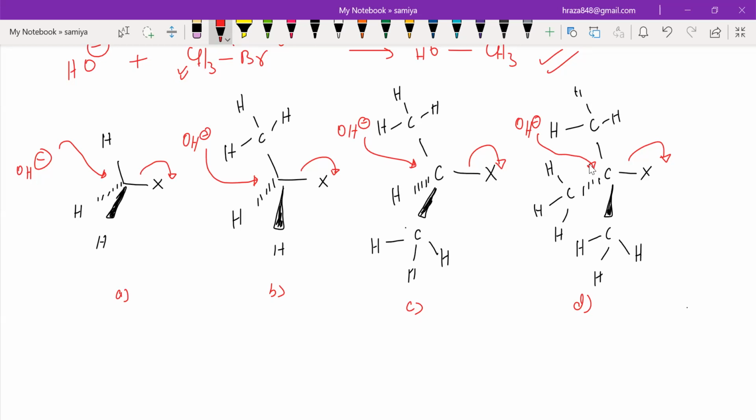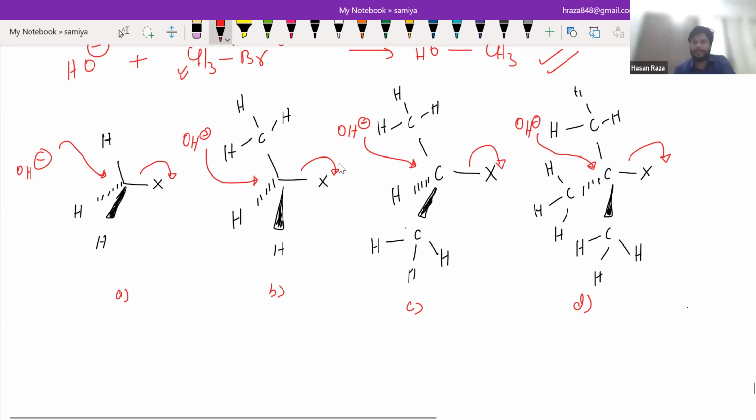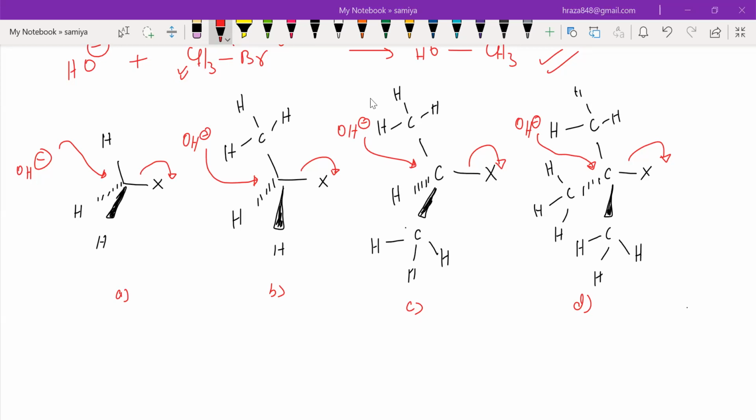In which of the following OH minus can attack easily? Any idea? Now see, it's very easy.